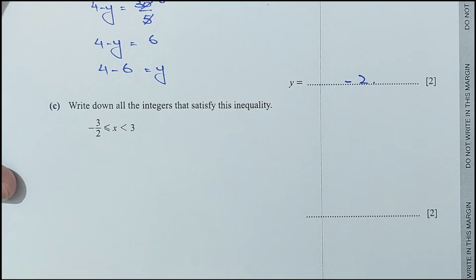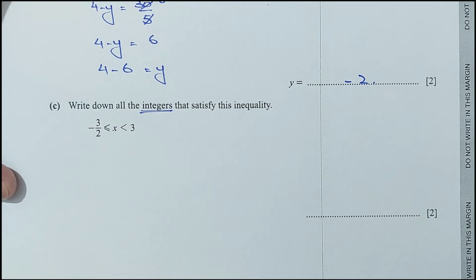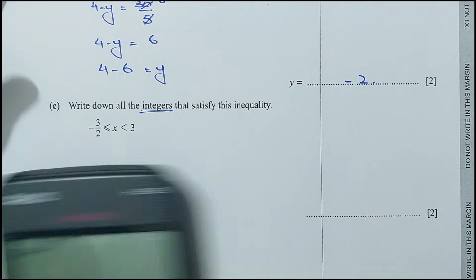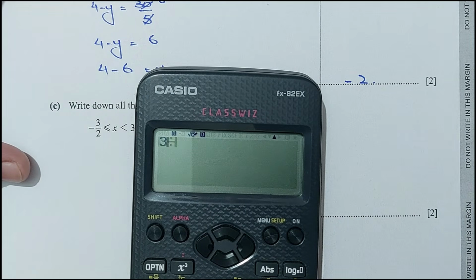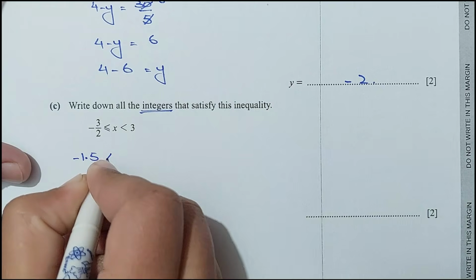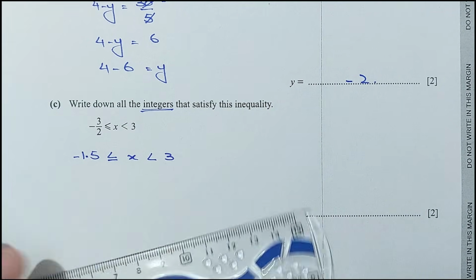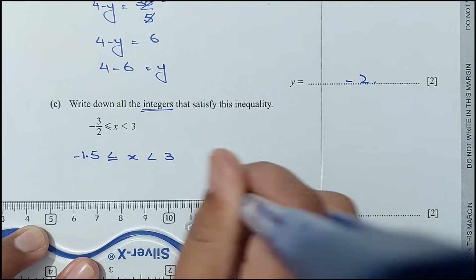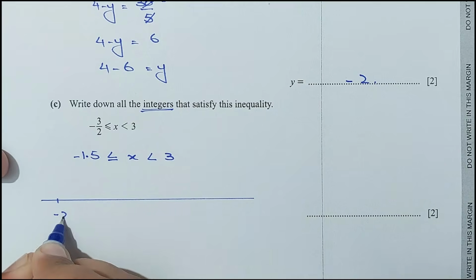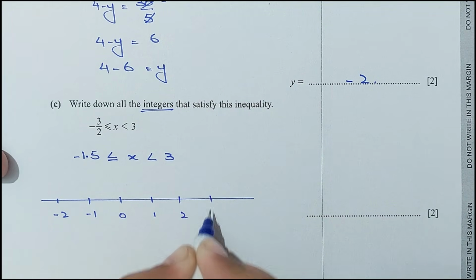Part C, write down all integer values only that satisfy this inequality. What is 3 by 2? 1.5, yes. Negative 1.5 is less than or equal to x is less than 3. Draw the number line and find all the integer values only. Let's say this is negative 2, negative 1, 0, 1, 2, 3.